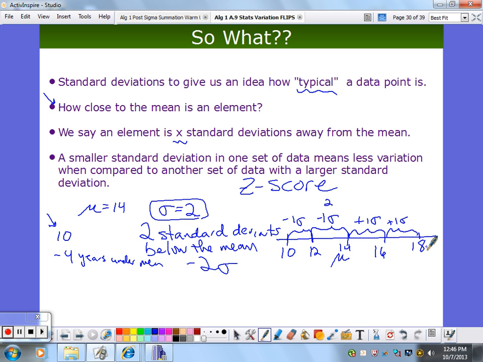This one's a little more tricky. Are you ready for tricky? What age is 1.5 standard deviations above the mean? 17. Yes, 17.